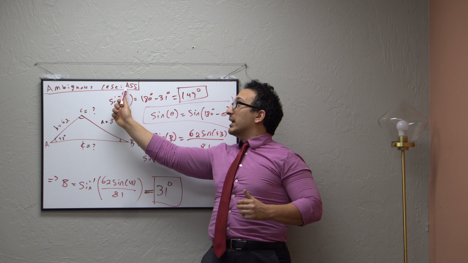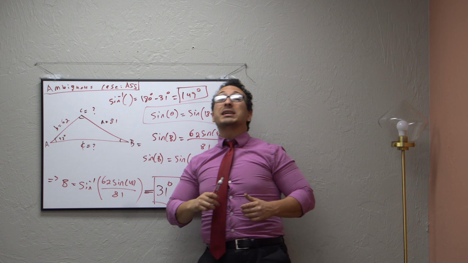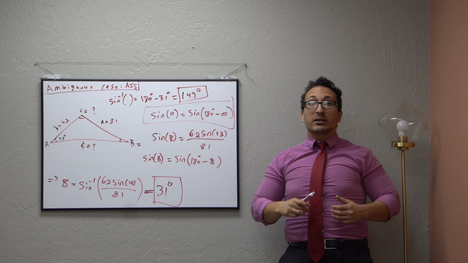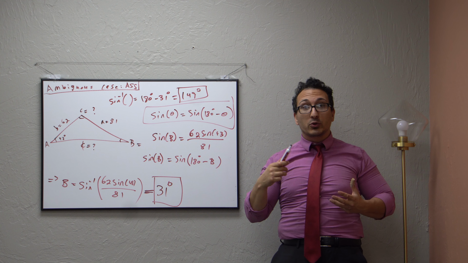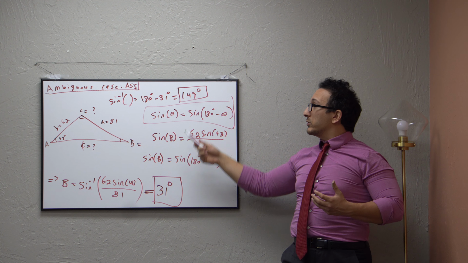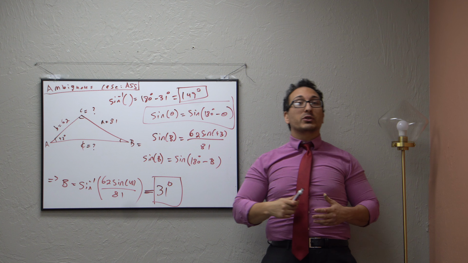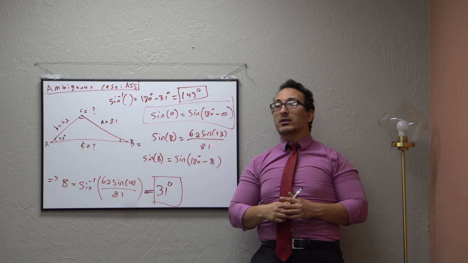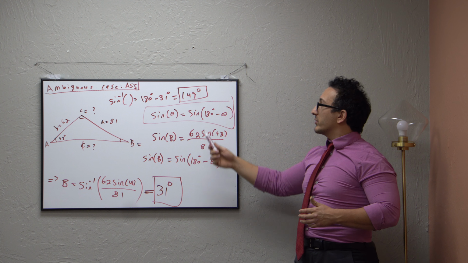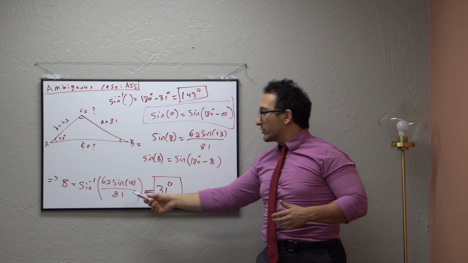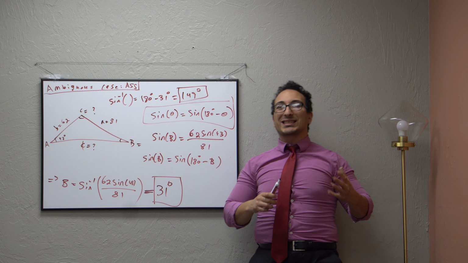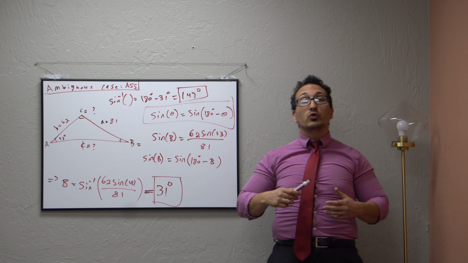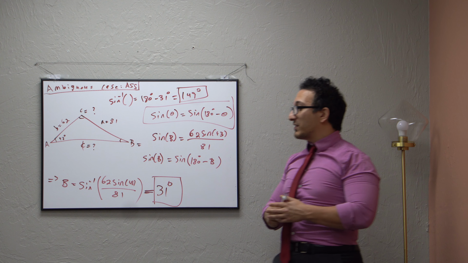This is why the ASS case is called the ambiguous case, because there's inherent ambiguity as to which angle you should pick. Because the sine inverse outputs two different values. It can be 31 degrees or 149 degrees whenever you input this parameter inside the sine inverse function. So you and I must determine which one is valid.